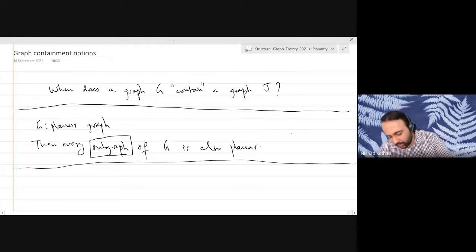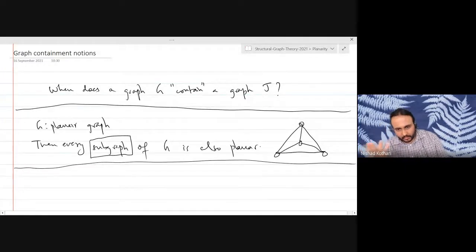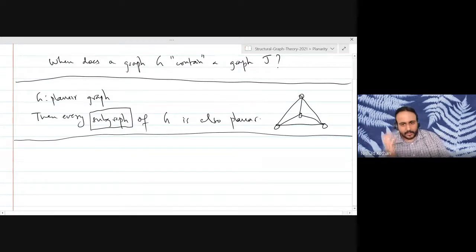In particular, if K4 is planar, then K4 contains K3 as a subgraph, so K3 is also planar. Okay, so subgraph is a notion that we have already studied, in the context of bipartite graphs. A graph is bipartite if and only if it does not contain an odd cycle as a subgraph, right?